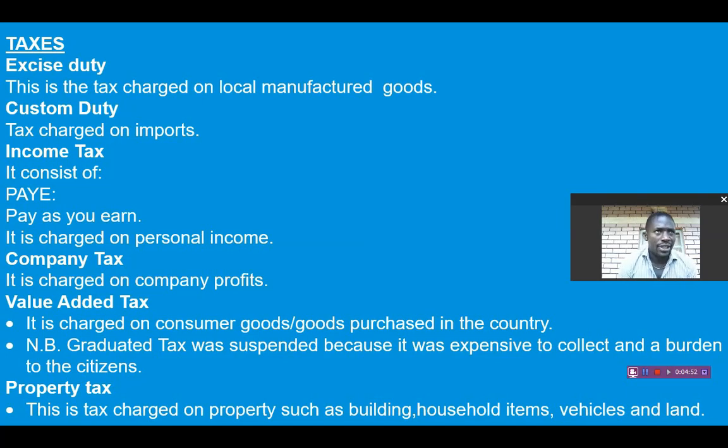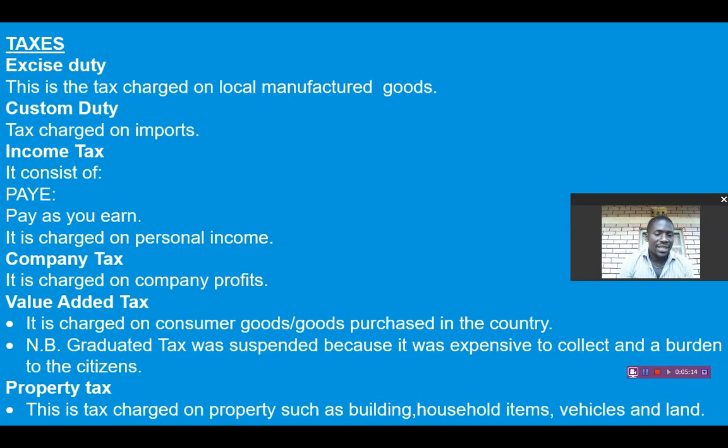When you find a question asking you to write VAT in full, VAT is value added tax. You also have to note that graduated tax was suspended because it was expensive to collect and a burden to citizens. So this tax was suspended and is no longer there.